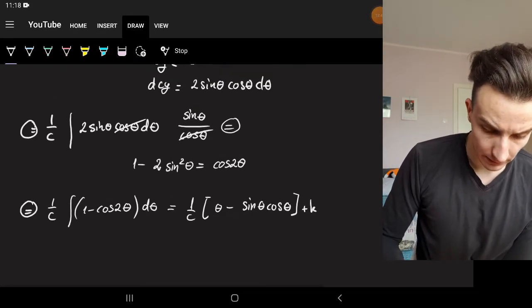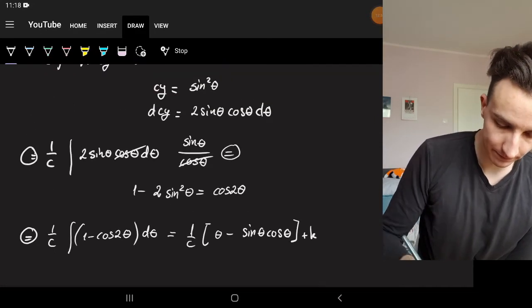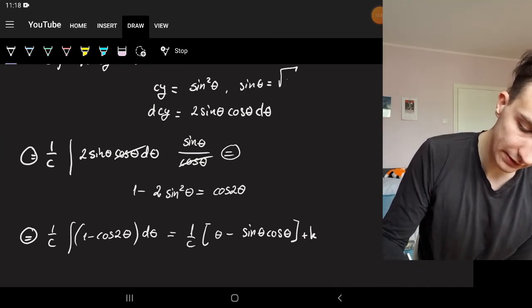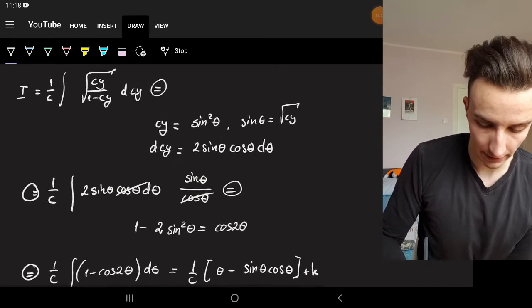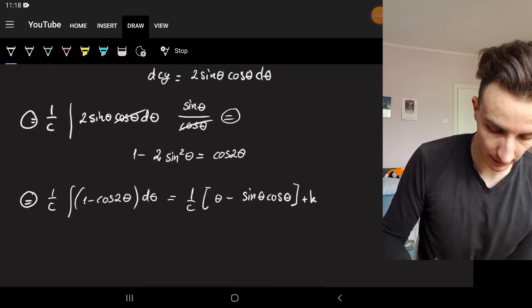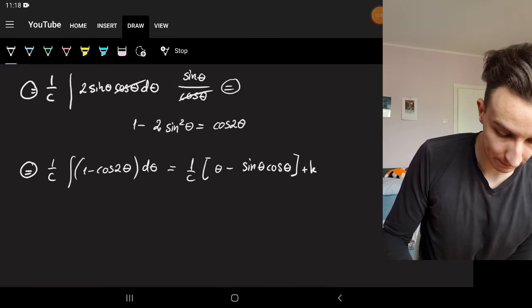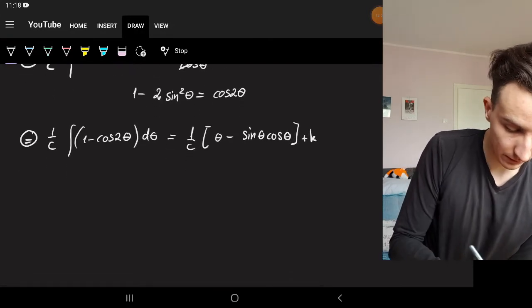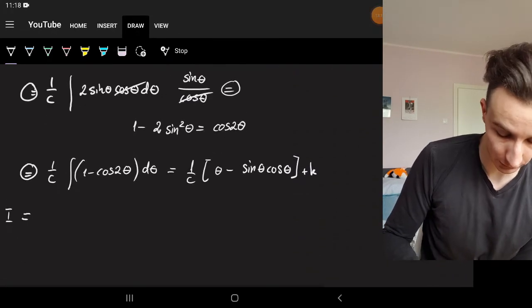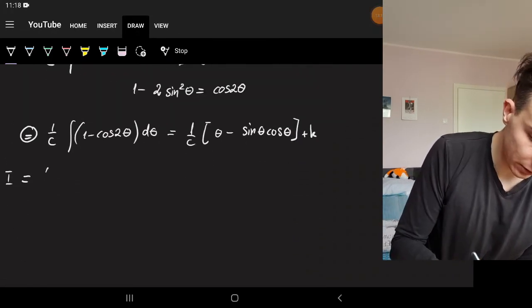In any case, sine theta is the square root of cy, and cosine theta is then just the square root of 1 minus sine squared theta. So this integral with respect to y is 1 over c.